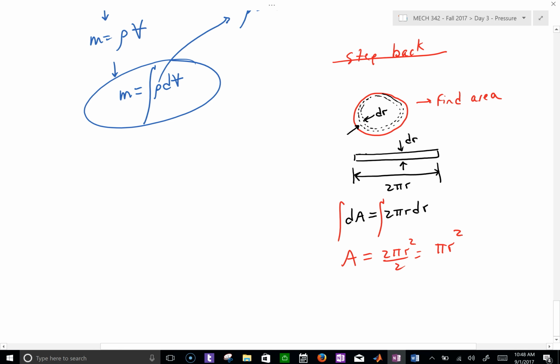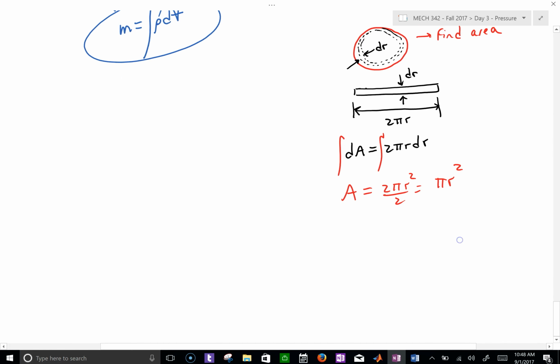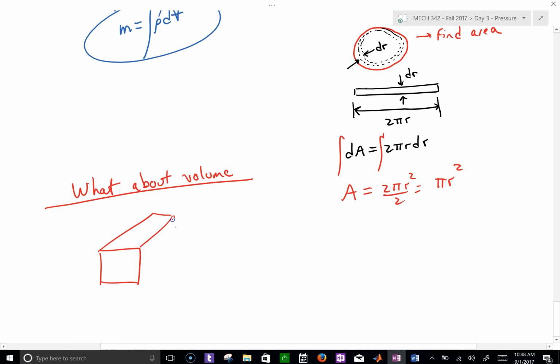So that's the area. We do the same thing for volume. We're almost done here. If we take a cube, it could be anything, it doesn't really matter.